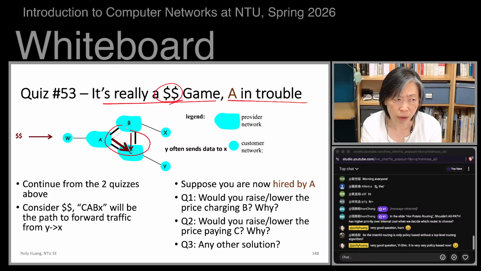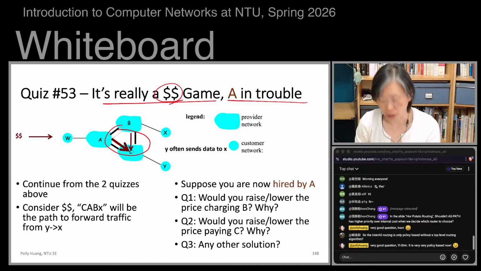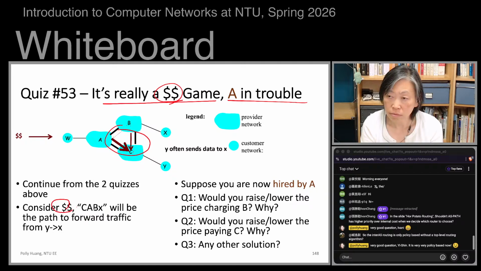As to how come the payment is so weird, we don't know how they deal the business, and we don't know at what point they make the deal. If we know for a fact that this is the money flow structure, let me ask. Considering money, just like many of you answered for quiz 52, CABX will be the path to forward the traffic from Y to X. But, hey, change your perspective.